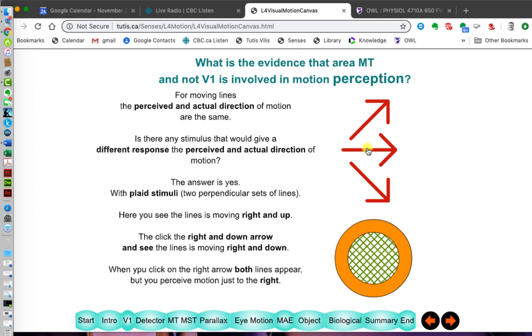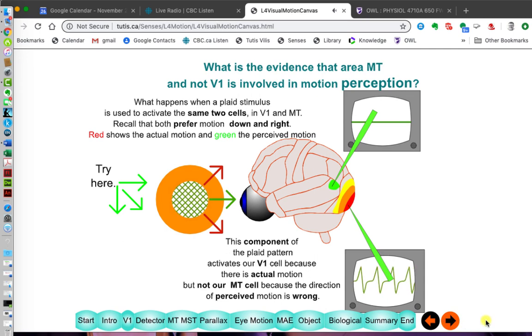So now let's do the same experiment as before and record from the same two cells for this, what's called, I'm not sure if I'm pronouncing it right, plaid stimulus.